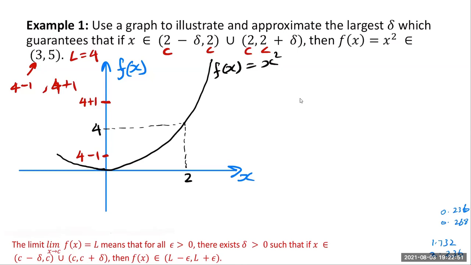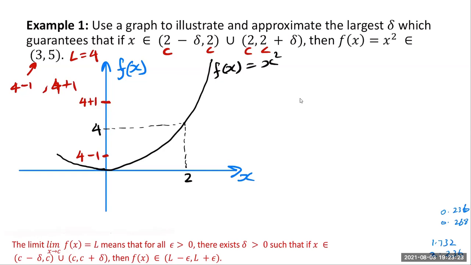Use a graph to illustrate and approximate the largest delta, which guarantees that if you pick your x in this delta punctured neighborhood, your f of x should fall between 3 and 5. That means your f of x should fall in this interval. This is the interval 3, 5, right? This number is 3. This number is 5. Your y value should fall in this interval. Okay. That way, what is the largest delta that you can pick?